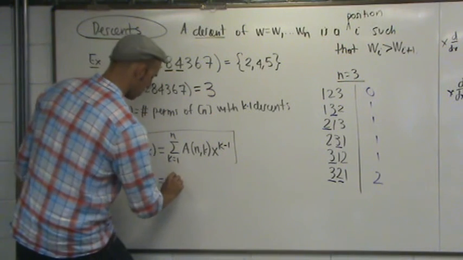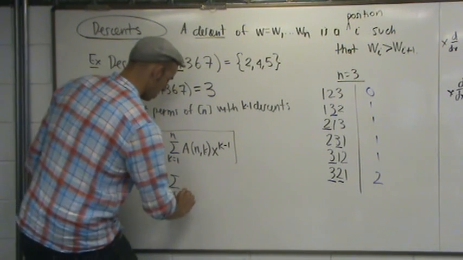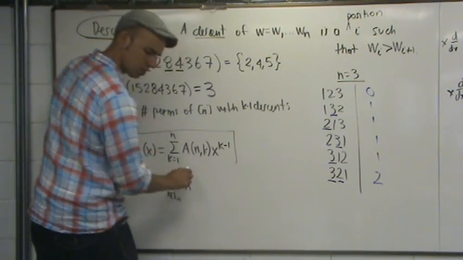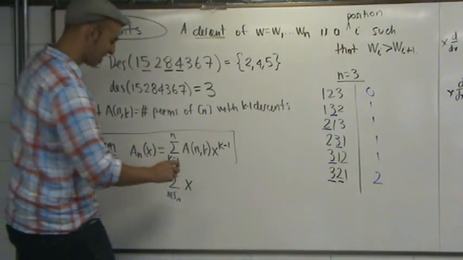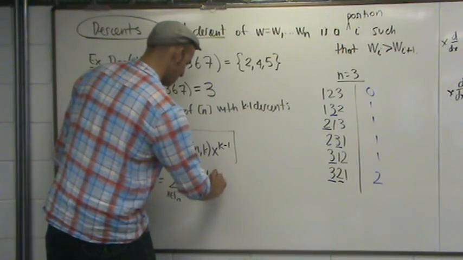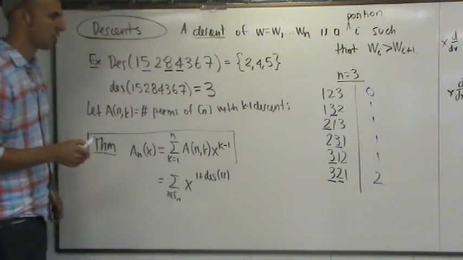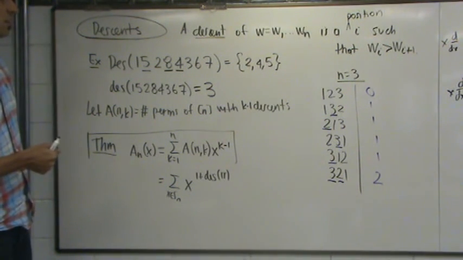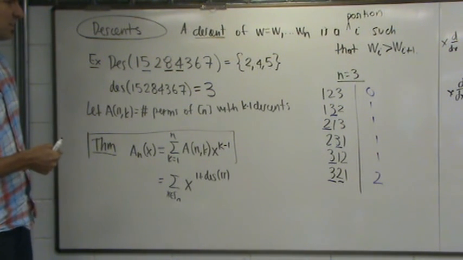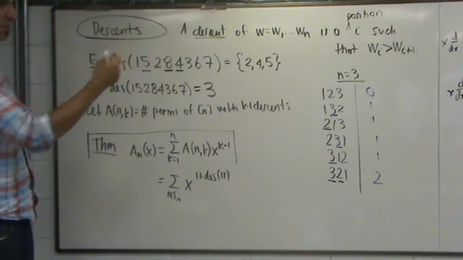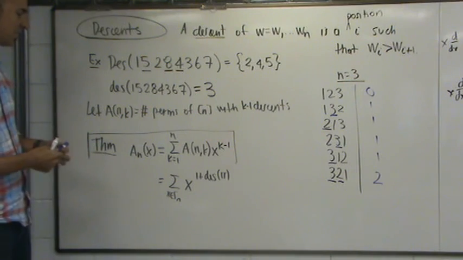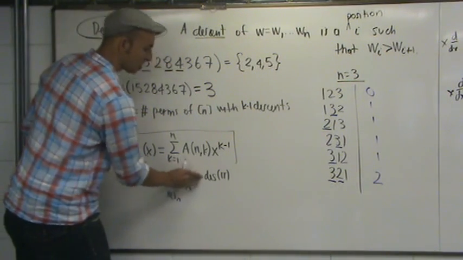Or in other words, sum over permutations of x to the number of descents. I had written this down, but now I'm wondering. Oh, okay. But you should have a 1. I think I used a different notation here in my notebook and over there. So now I don't need this one.